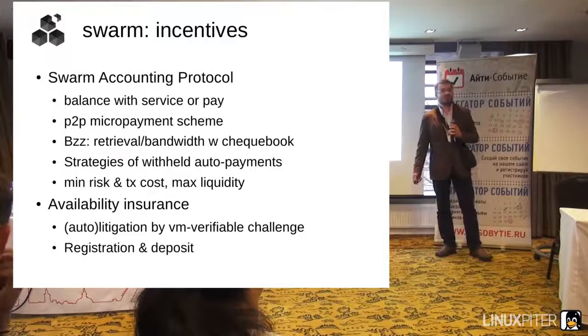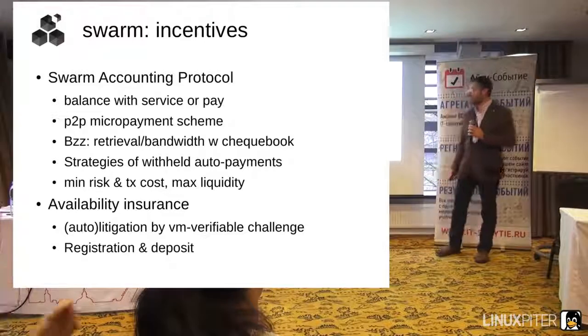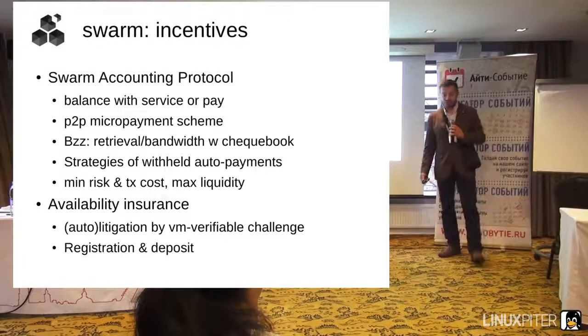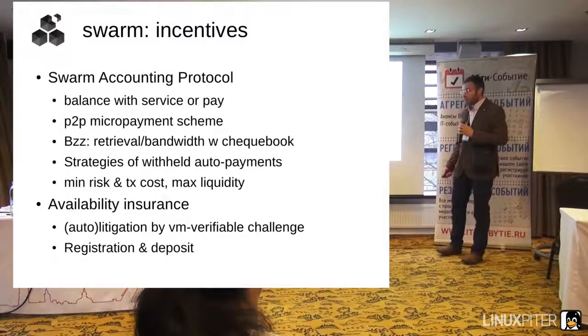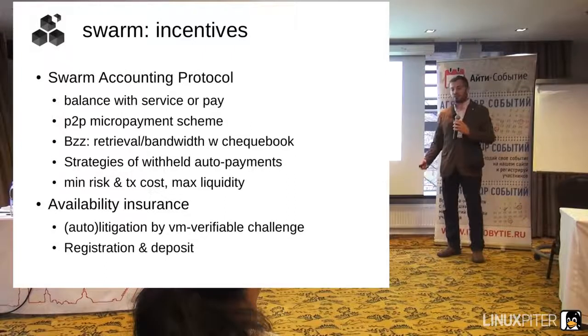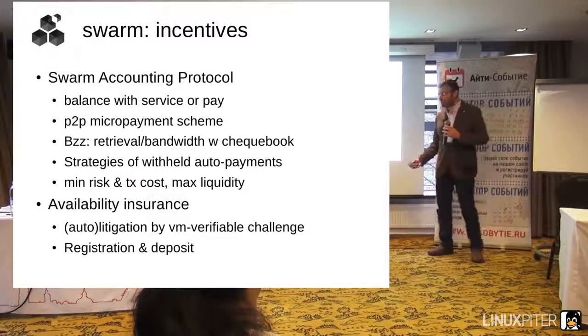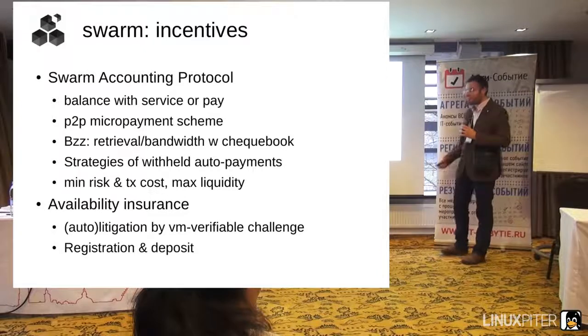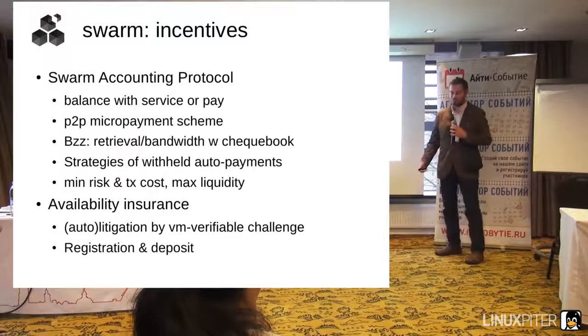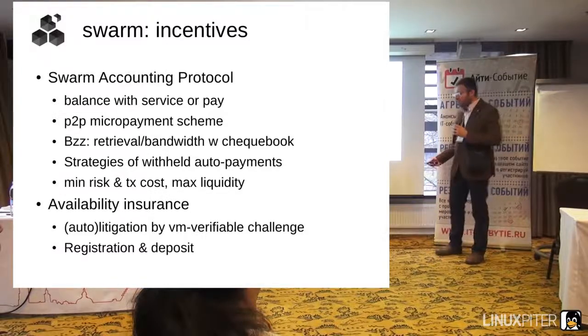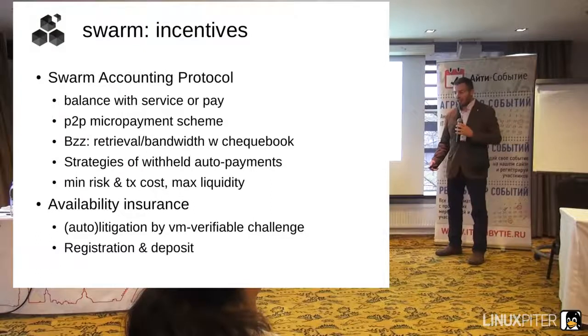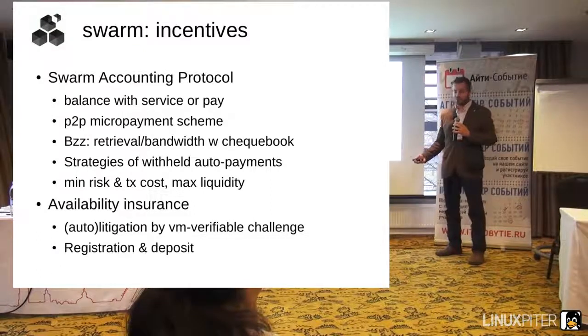So in order to incentivize that kind of service, we have availability insurance, by which I mean a smart contract. Okay, this you might not be familiar with, but basically it's a binding promise made within the system, which is automatically enforced, where you can promise to store something and put up a security deposit for it.